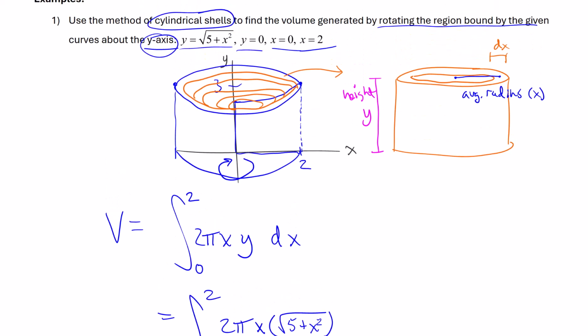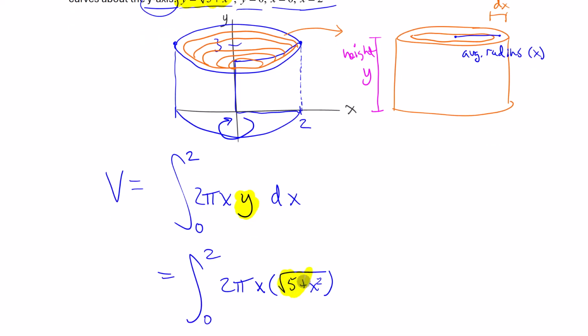Again, that's given in the problem above. Let me highlight that just so it's clear. We were given that y equals the square root of 5 plus x squared, so instead of y, we write exactly that. Just basic algebraic substitution here.